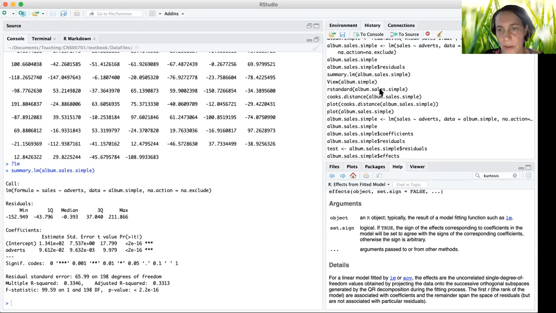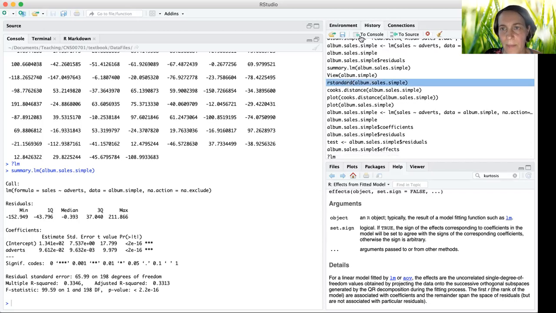If you want, for example, your standardized residuals, these are the internally studentized residuals. I know it's super confusing, also to me. That means these are basically your studentized residuals with the data point, the case for which you're calculating this residual, included in the calculation of the standard error.